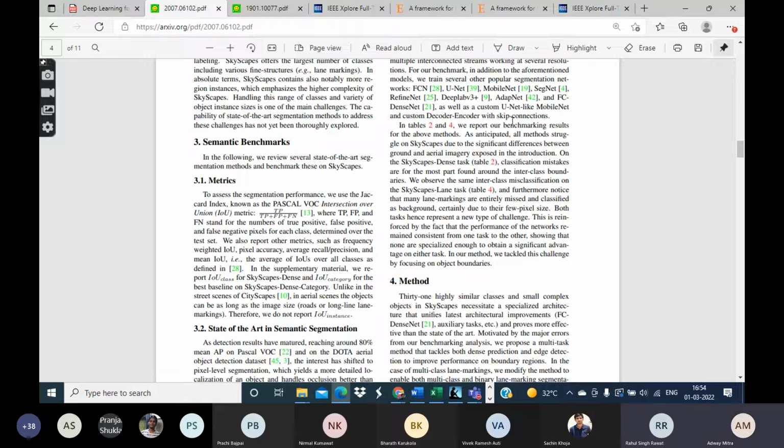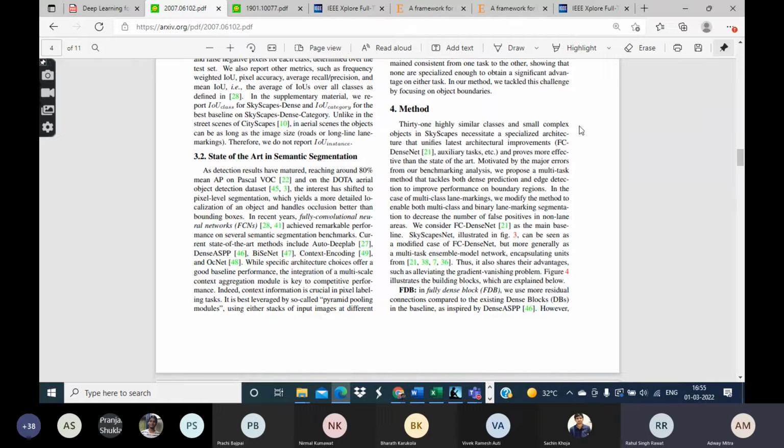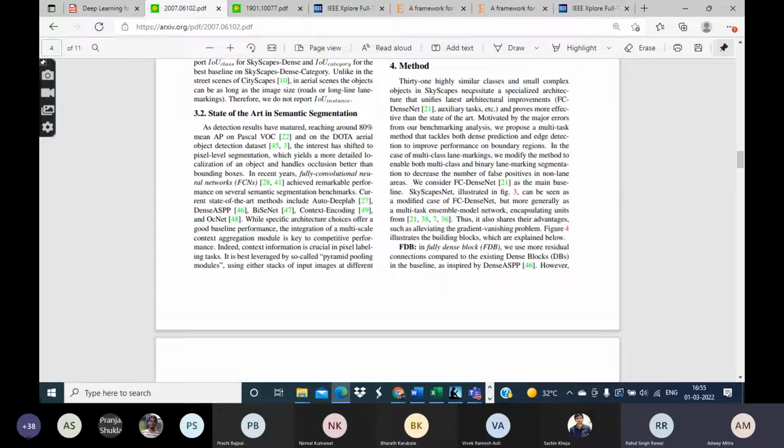In Tables 2 and 4, they have shown the benchmark results of various benchmark methods, and then they have proposed a method themselves. The 31 highly similar classes and small complex objects in cities in Skyscapes necessitate a specialized architecture that unifies the latest architectural improvements and proves more effective than the state of the art.